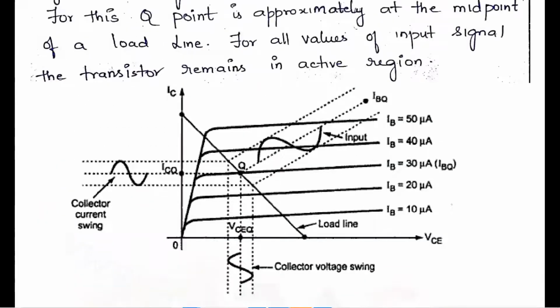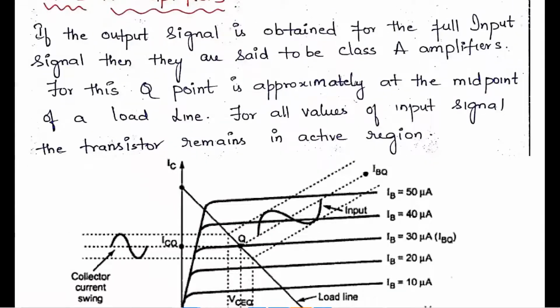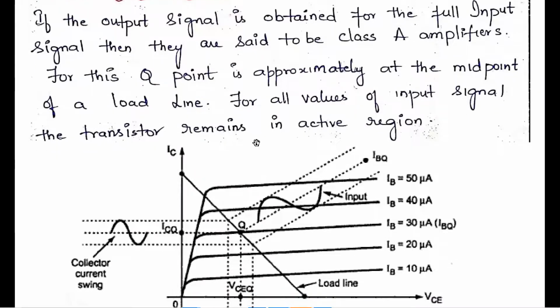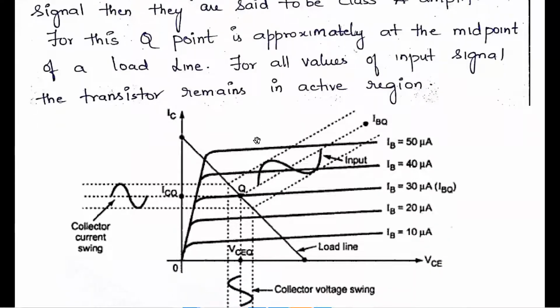Now I told you that for class A amplifier, we need to amplify both positive as well as negative half cycles. Okay, full signal we want to amplify. Class B, we want to amplify only one half cycle. Means we have to operate here.